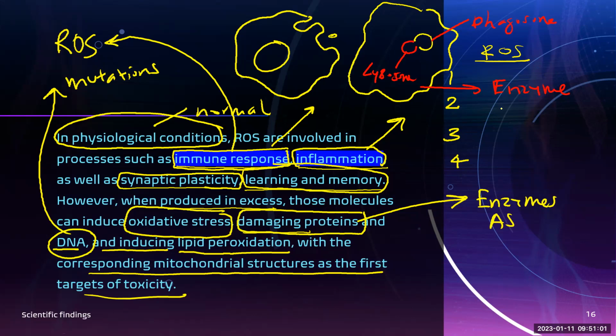They can also use reactive oxygen species to damage the pathogens. At the end, kill the pathogen. Reactive species can be used to kill the pathogen. The short answer is reactive oxygen species can be used to kill the pathogen.